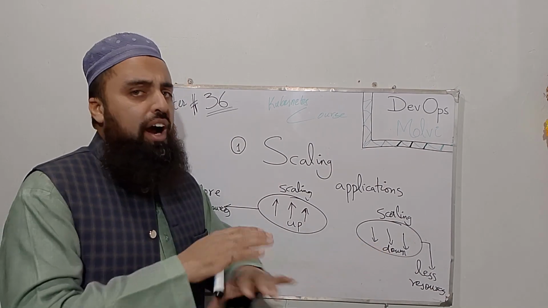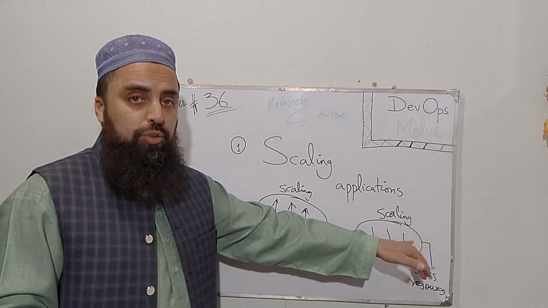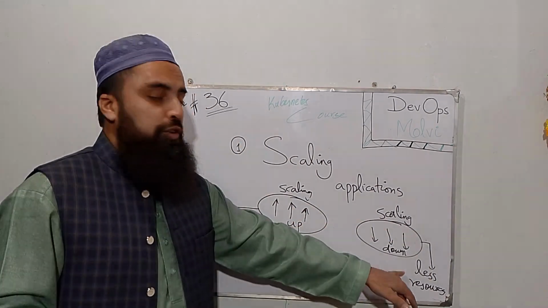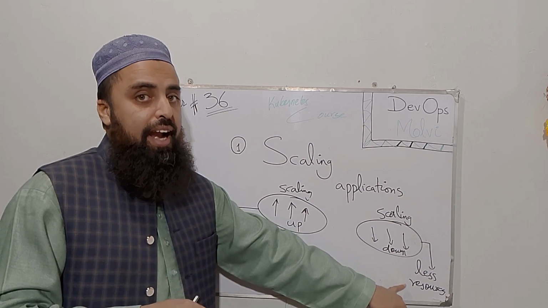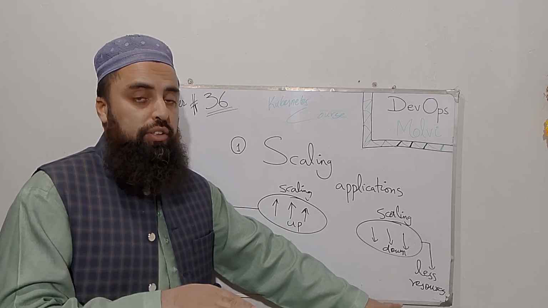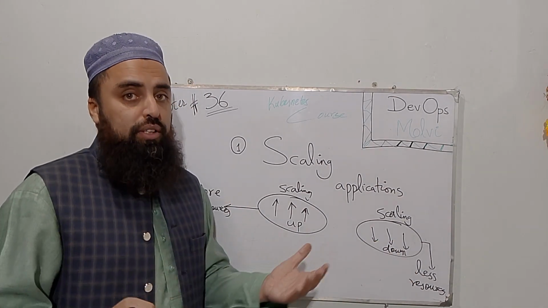And when there are no peak times and there are no users, the extra resources that are no longer needed should scale down. Fewer resources mean cost reduction. So this is an automated process.